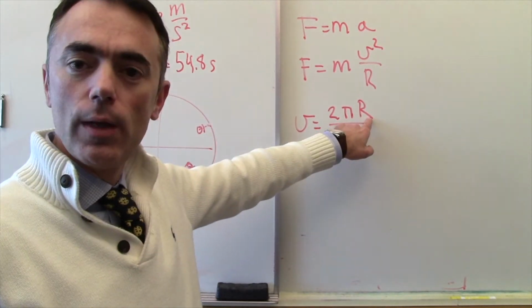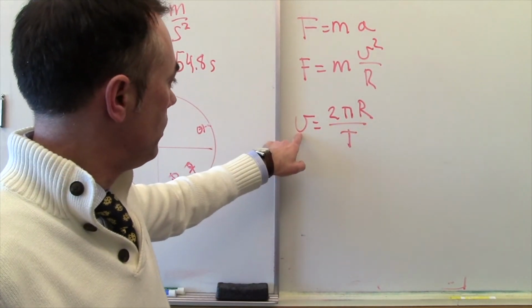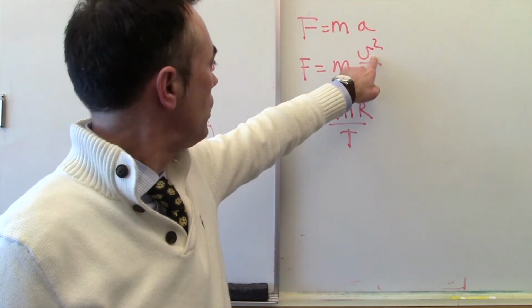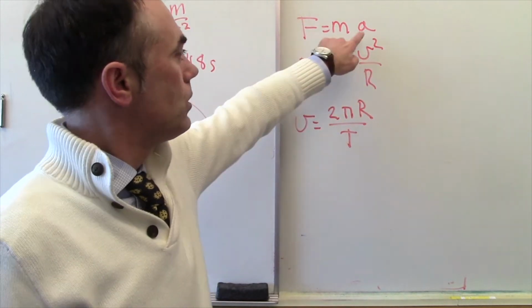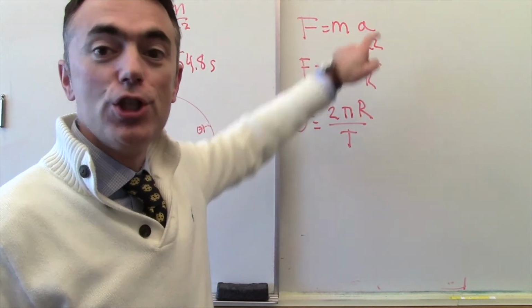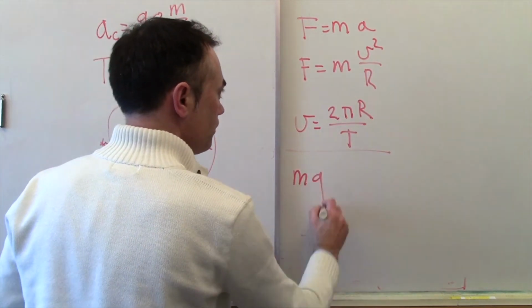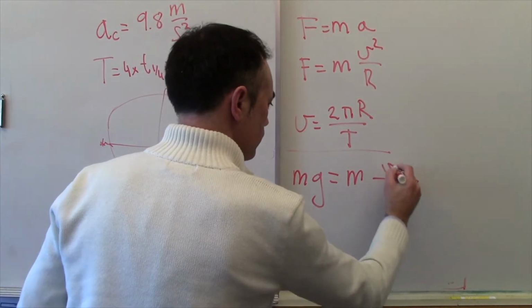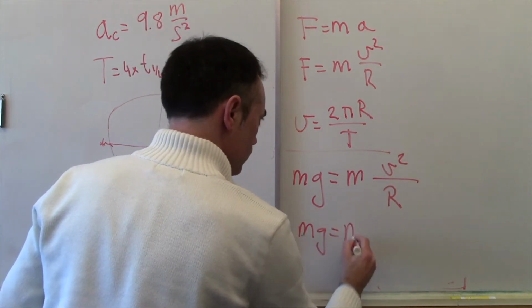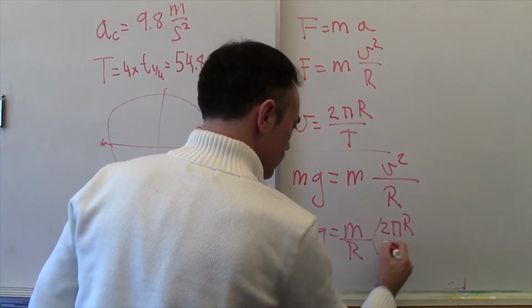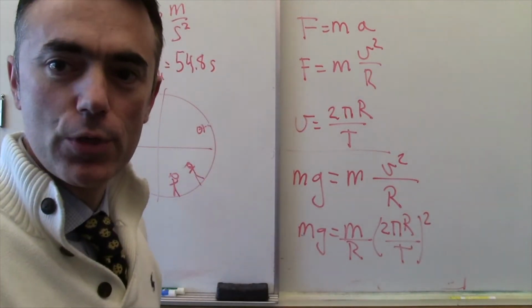We want to calculate the radius, but this velocity we will plug in here, and this force we are assuming is mg. So with all of this we get this expression here.